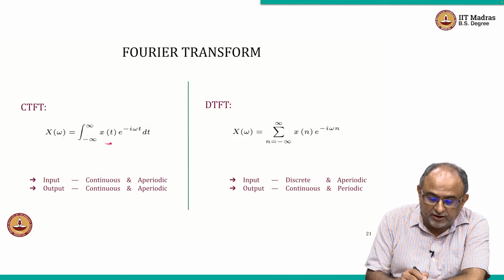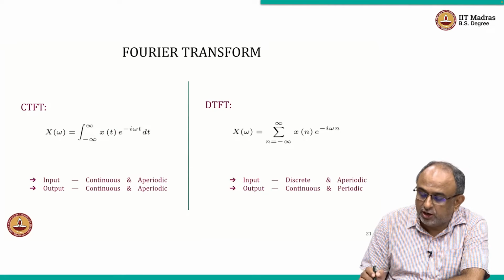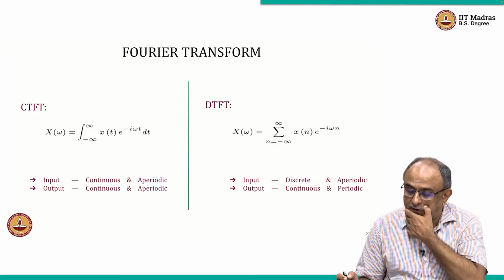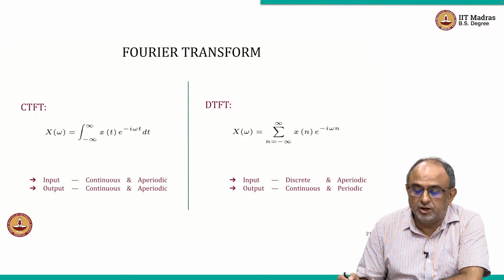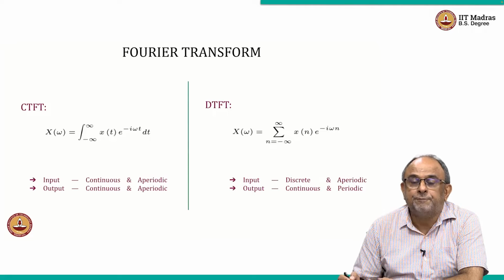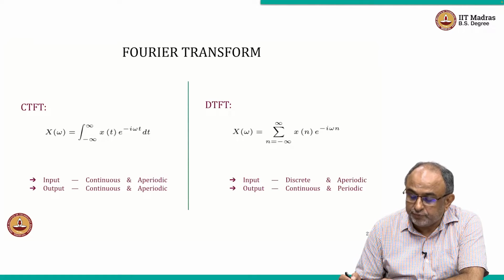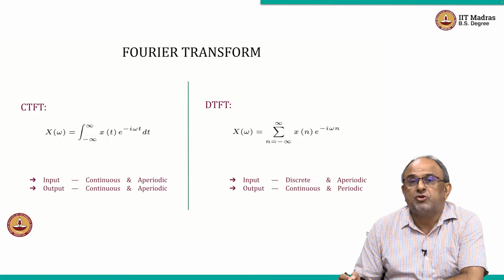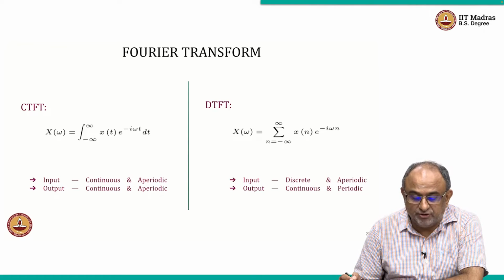The input can be x of t, which is continuous and aperiodic, or here it is x of n, which is discrete and aperiodic. So this is the Fourier transform for the continuous time aperiodic and discrete time aperiodic representations. These are things that we will encounter.